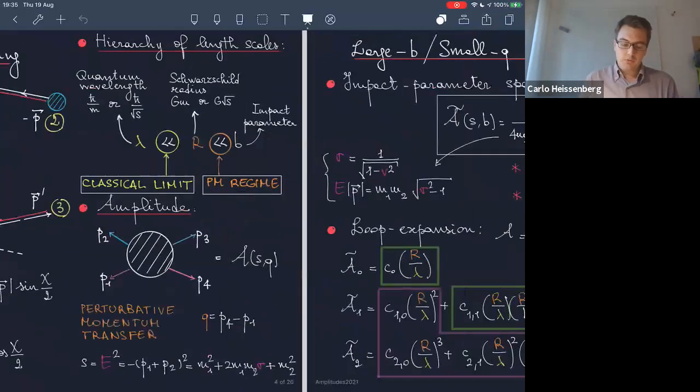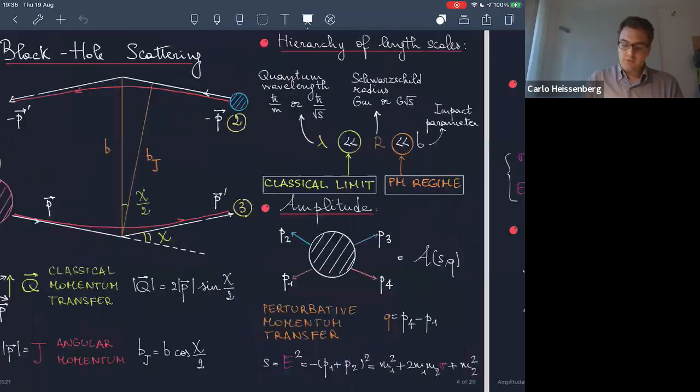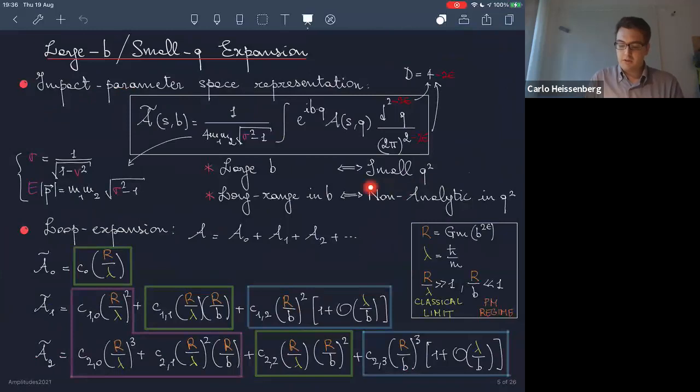The first step that we need to do is to recast the amplitude that we have in this momentum space representation and transform it to impact parameter representation. This just involves a Fourier transform with respect to this small q. Since we are interested in the regime of large impact parameters, we are equivalently interested in the small q expansion of the amplitude.